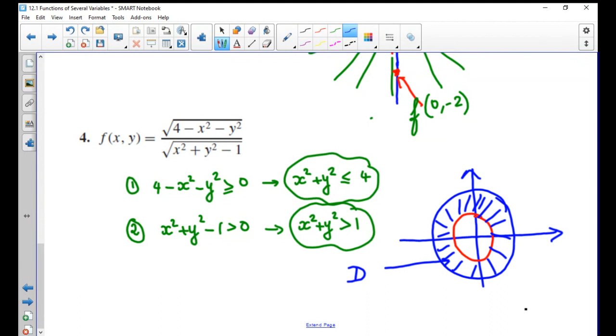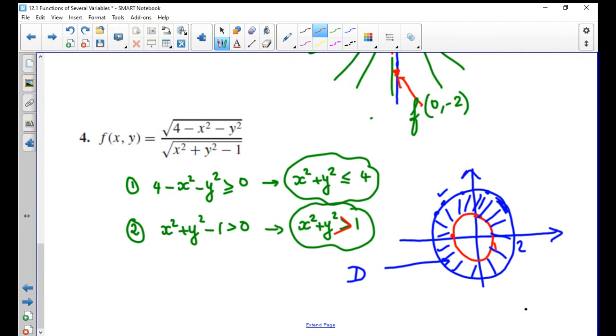But be careful, it does include the circle of radius 2. So points on the circle of radius 2 are okay. But points on the circle of radius 1 are not okay because it's greater than 1. So they are not included in the domain.